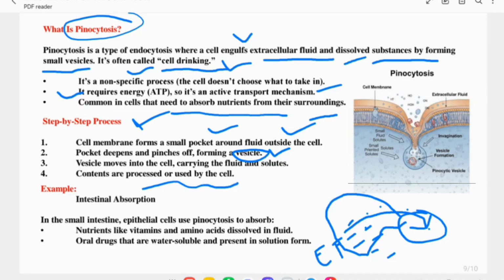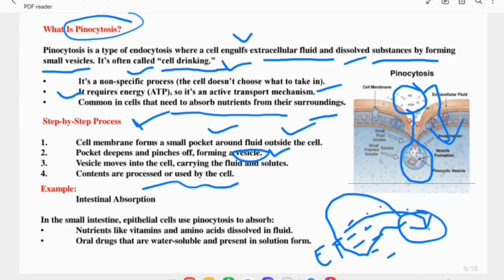So here we can see in the diagram, this is the extracellular fluid which is absorbed by this cell by forming a vesicle, and that is cell drinking, and the extracellular fluid will move inside the cell and is used by the cell.